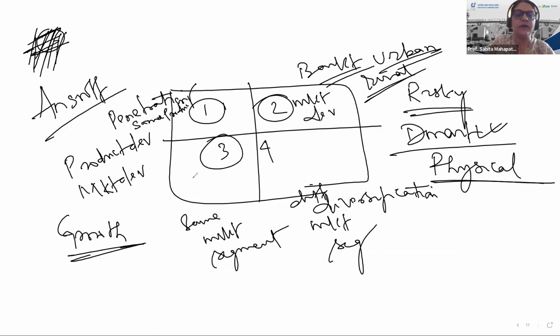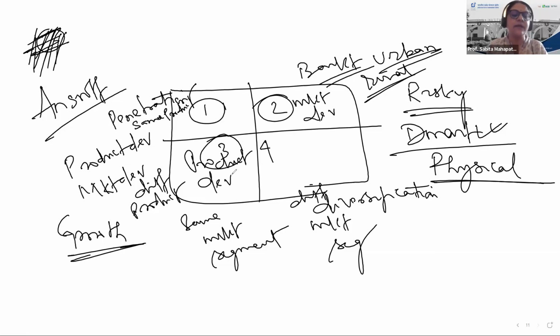Number 3 is the same market but a different product. This is called product development. If you are selling to the urban, are you coming up with some new product?